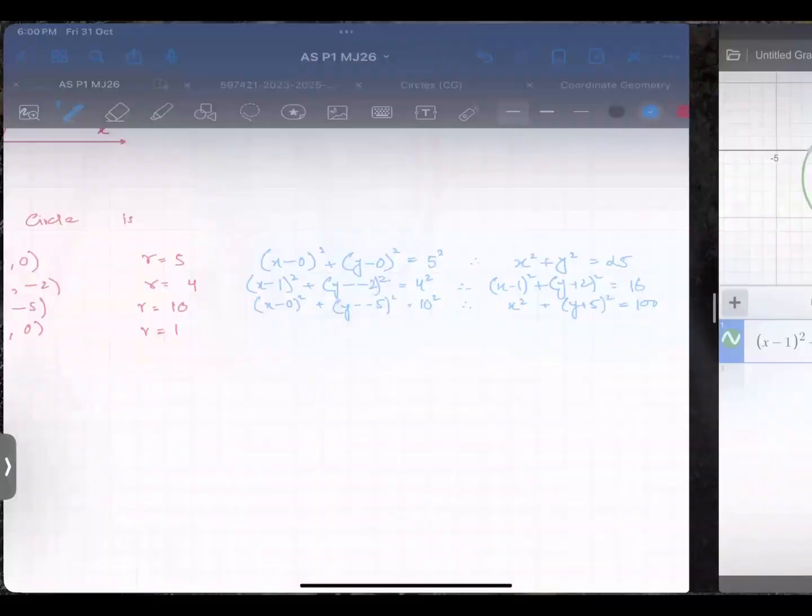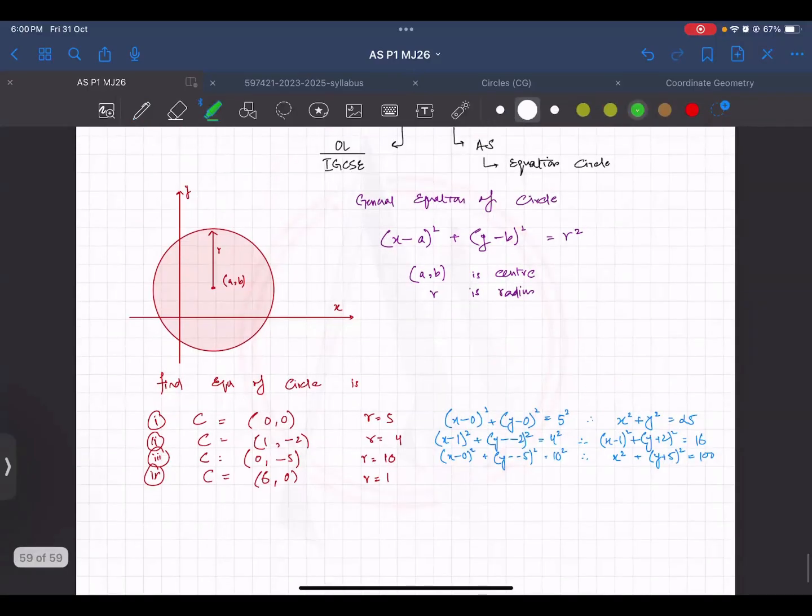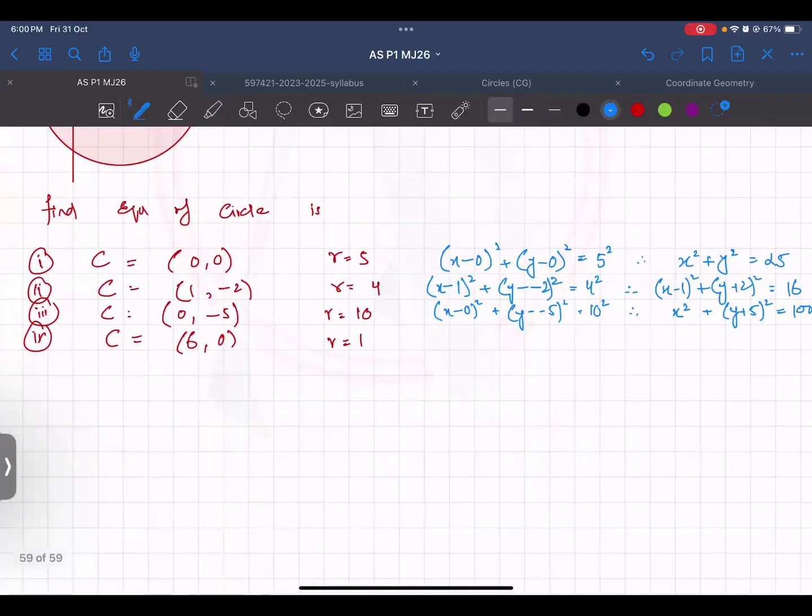Sometimes they may give you, or you may find, the center and the radius yourself using some other information they've given you, and they ask you to find the circle equation. So you should memorize this general equation of the circle and just input them in the correct places and then simplify. For the last one, you will get (x minus 6) whole square plus y square is equal to 1 square, which is 1.